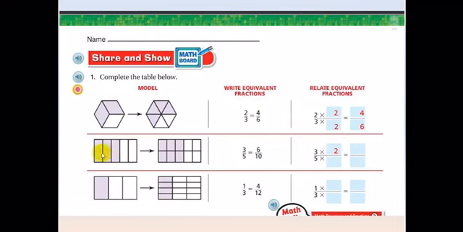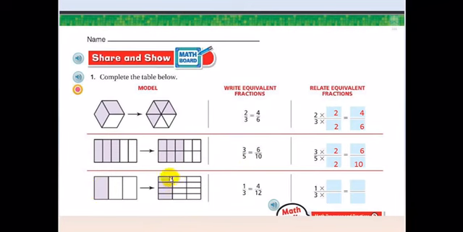Here I have 3 parts from 5. It will be 3/5. Okay, 3 it will be 6, and 5 it will be 10. Here we multiply by 2 over 2. Okay, here how many thirds? 1/3.